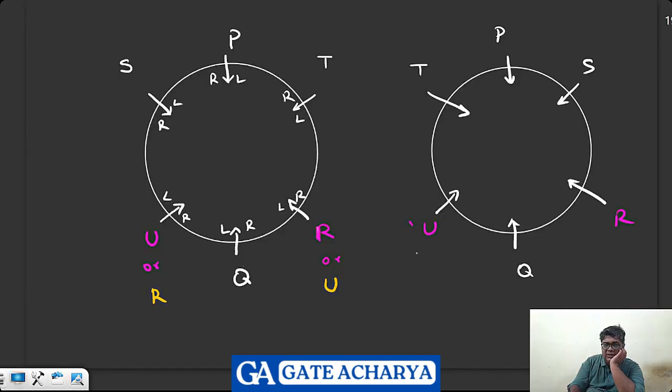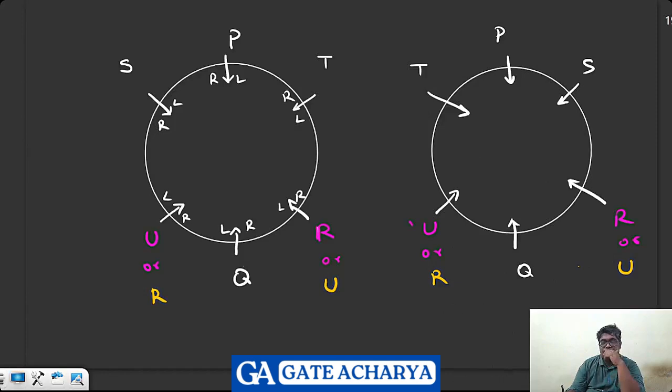Next, what is the other arrangement? Let's try it out. R here, U here. Shortest distance between S and R, 2 people. Shortest distance between T and U, 2 people. Again, that is also satisfied. So all the 4 cases are coming into the picture.